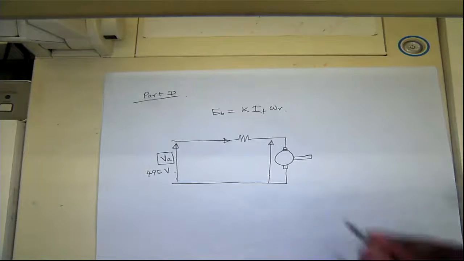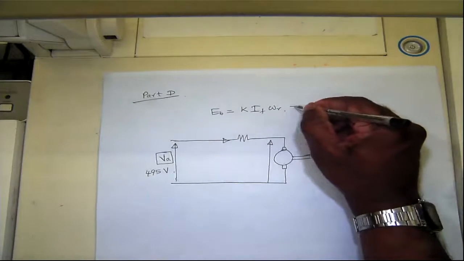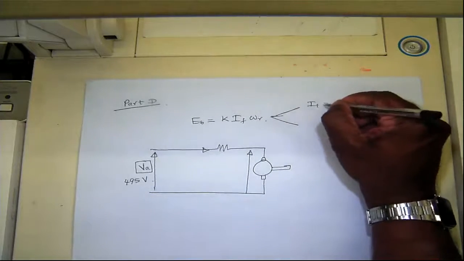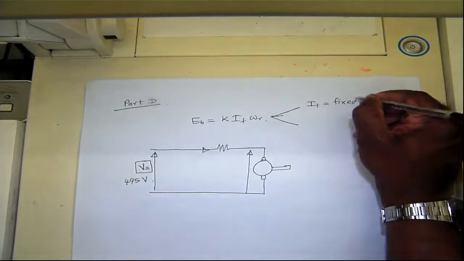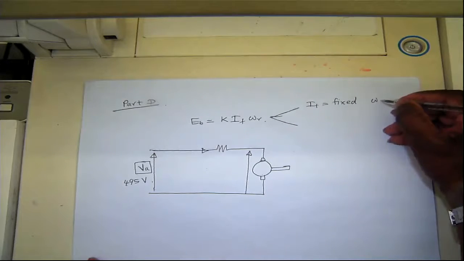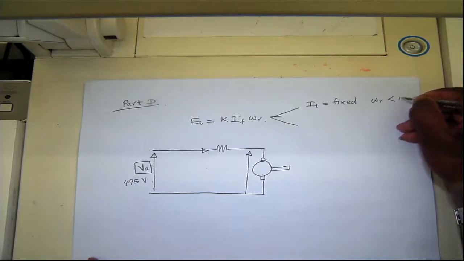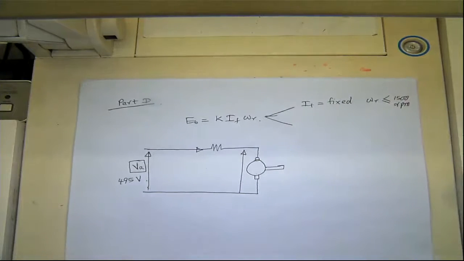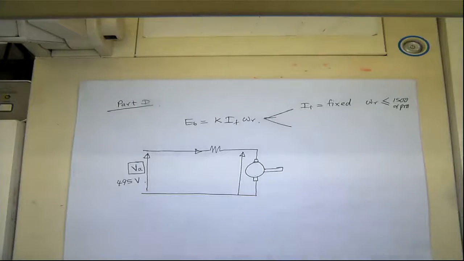Usually in normal operation, the IF is fixed for speeds smaller than 1500 RPM. But if you want to run the motor above that speed, you don't have enough voltage here.